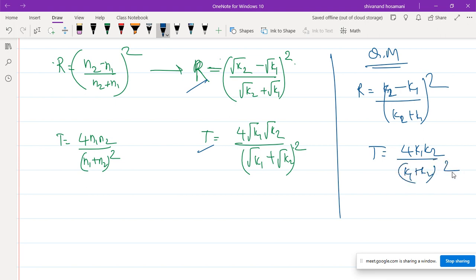So this is in terms of quantum mechanics, and that was in terms of electrodynamics. This is very, very important. Okay.